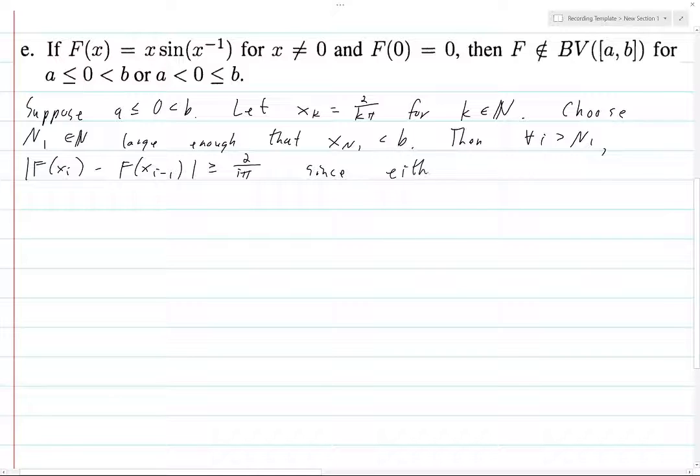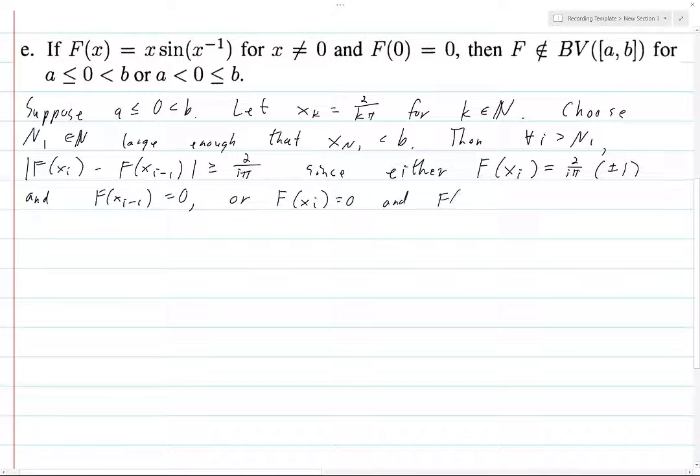This is kind of like what happened in the previous case, but we have to be a little bit careful here because we have this greater than or equal to rather than equal to. And the reason is that either f(x_i) equals 2 over i pi times plus or minus 1, and f(x_{i-1}) equals 0, or f(x_i) is equal to 0, and f(x_{i-1}) is equal to 2 over (i minus 1) pi times plus or minus 1.